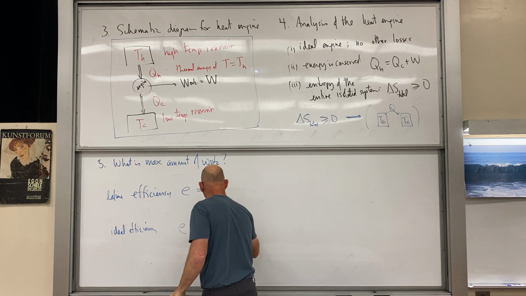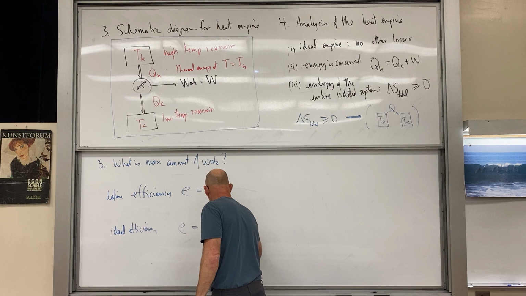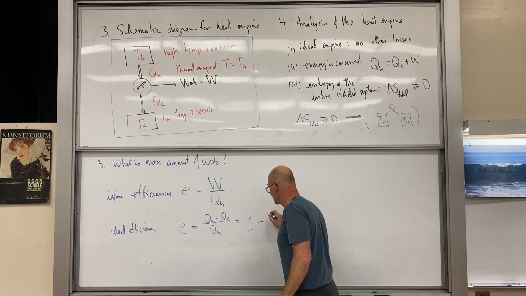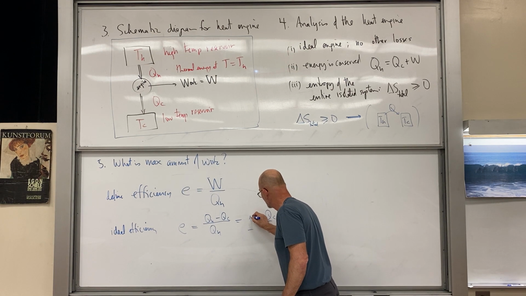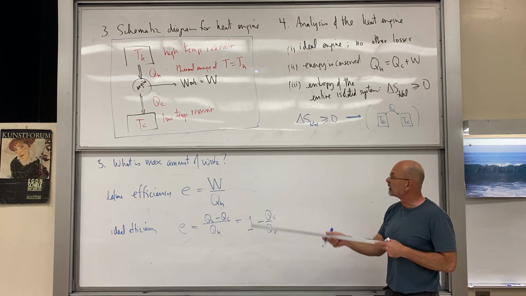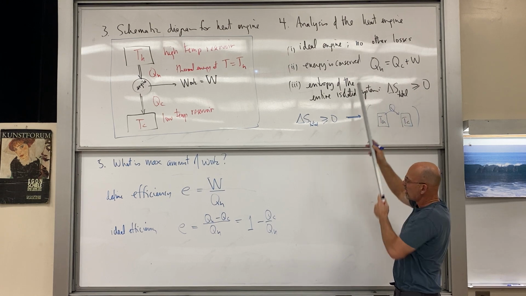So I have QH minus QC divided by QH, and then we can also call that 1 minus QC divided by QH. This ideal efficiency is under the assumption that we have energy conservation among these three quantities.